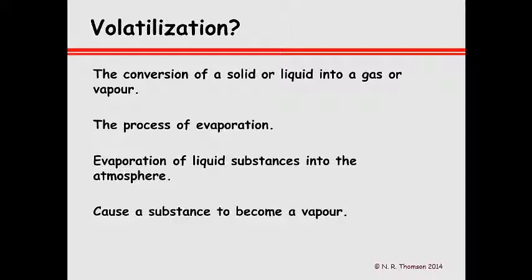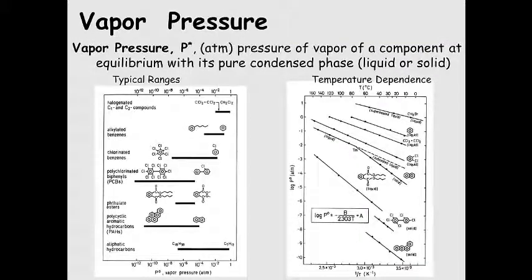So it involves what is called the volatilization process, where you convert from a solid or a liquid into a gas vapor state. It involves the process of evaporation and will cause a substance to become vapor phase. And then it is controlled by the vapor pressure of that particular compound.